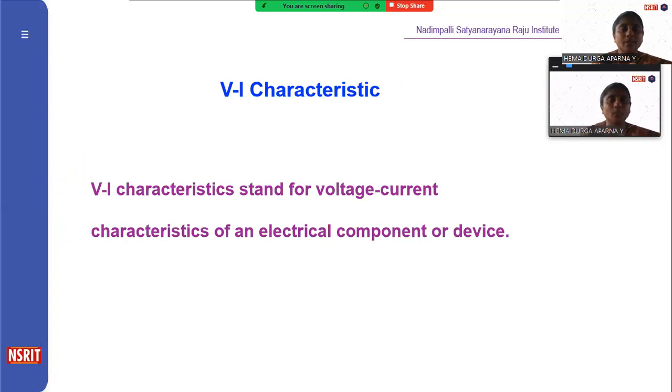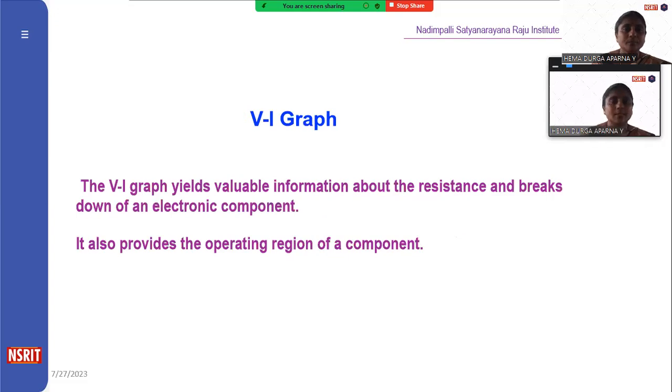And what is VI characteristic? V stands for voltage or potential, and I stands for current. As the name itself indicates, this characteristic gives us an idea about the voltage that we are applying to that particular device, and how much current is flowing through it.